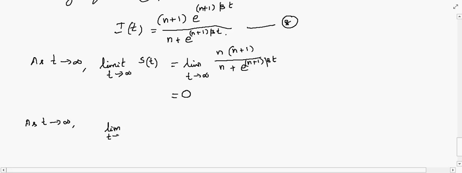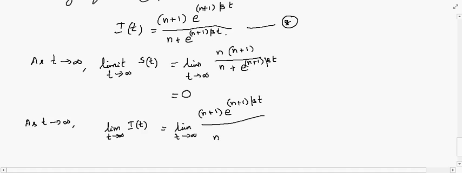Now we will find out what is the value for I(t) as t tends to infinity. So limit t tends to infinity of I(t), which is (n+1) e^((n+1)βt) divided by (n + e^((n+1)βt)). Now e^((n+1)βt) is a multiple in the numerator, so we will take e^((n+1)βt) from the denominator outside and see what happens.